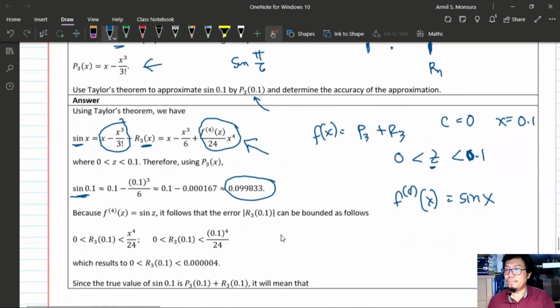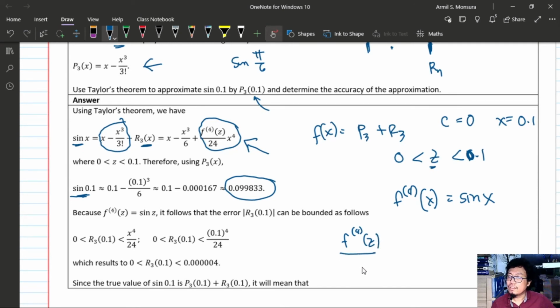So it means that we can evaluate the error on the basis of f to the fourth of z over 4 factorial, the Lagrange form, which is sin z over 24, times x to the fourth.